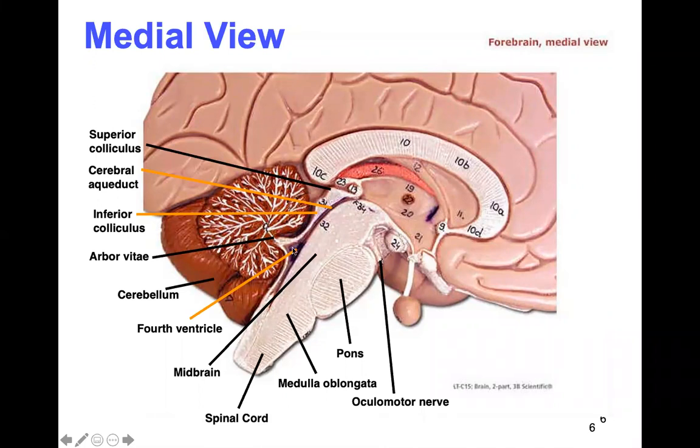Here's the cerebellum, there's the chamber, the fourth ventricle. Medulla, pons, midbrain. 26 is the choroid plexus. 22, interthalamic adhesion. Thalamus, hypothalamus.